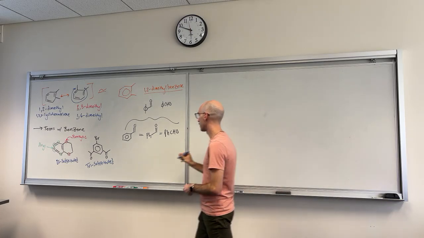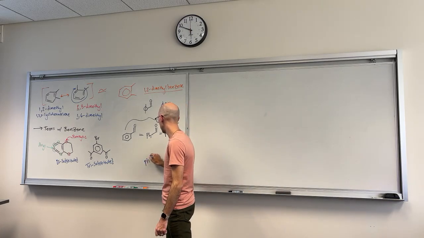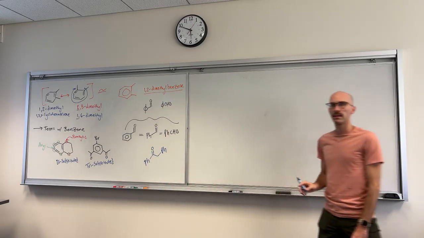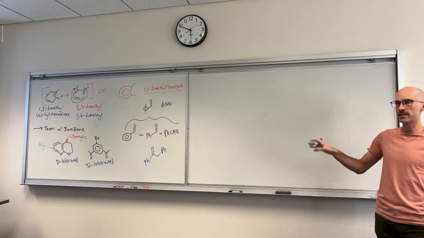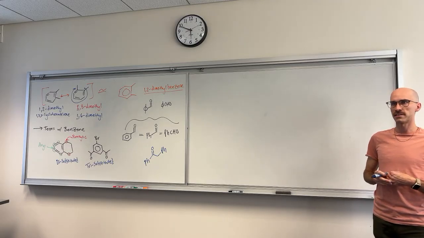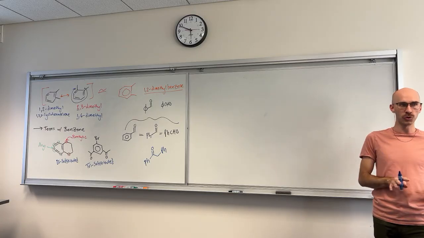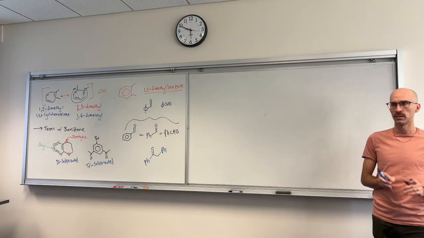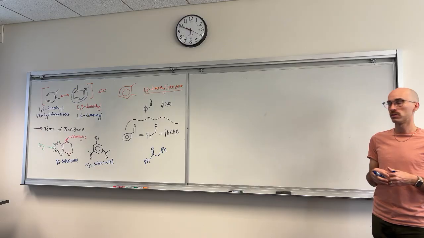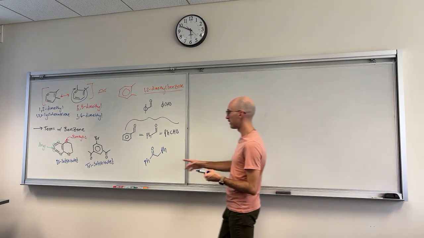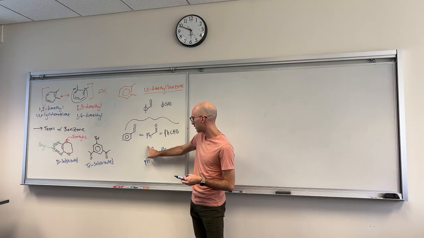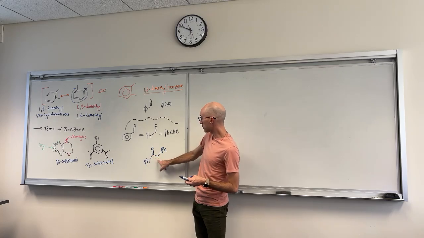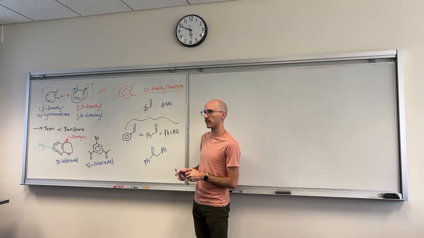Okay, so here's a cool example of this. This compound has a ketone that is attached to an aryl carbon, so it can be called an aryl ketone, but it's also attached to a benzylic carbon.